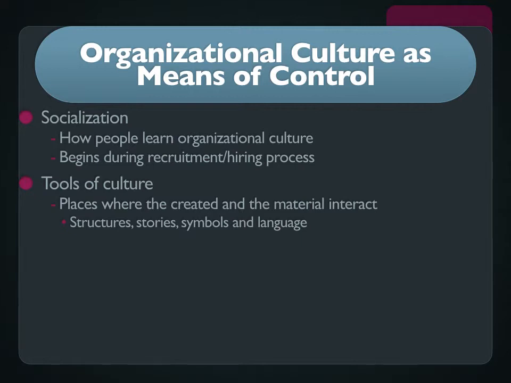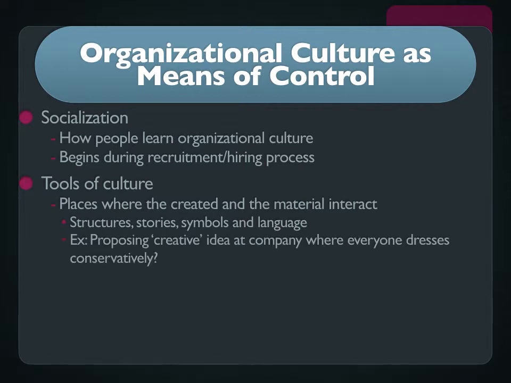What are the symbols that are used throughout the organization? How do we talk about certain things? So proposing a creative idea at a company where everyone dresses conservatively is probably going to be difficult, because the conservative dress is both an expression of and a reinforcement of the conservative culture of the organization.